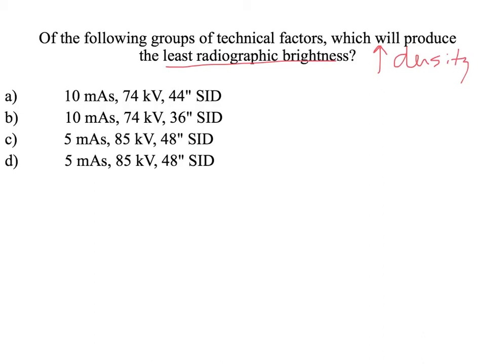So again, we can think about this geometrically or we can think about it algebraically. But what are going to be the controlling factors of the techniques that we have listed here? What are going to be the controlling factors to density? Mass and SID. All of the kVps are fairly close to each other. One of the things that's important though is that they are 15% different.